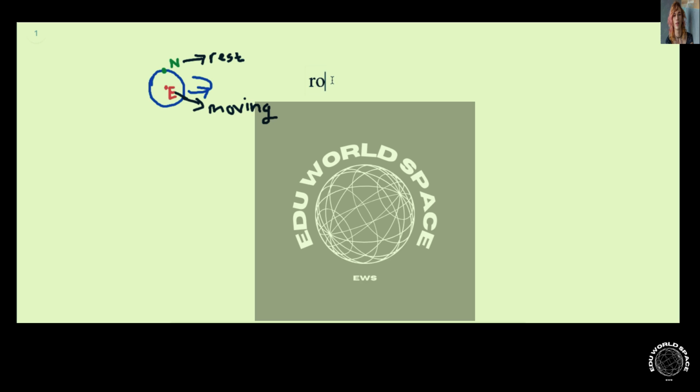And so before we move any further, we need to know the rotation speed of the Earth, right? And the rotation speed is given by 2 pi, that's the number of radians of a circle, times radius of the Earth over time taken for a whole rotation.